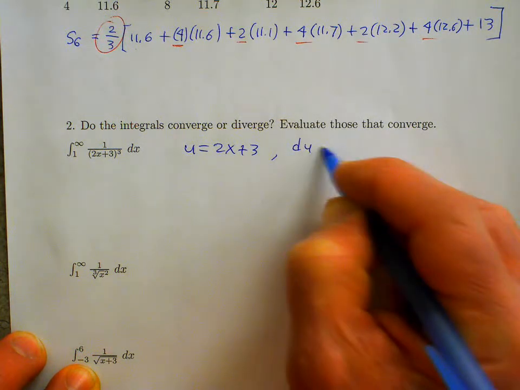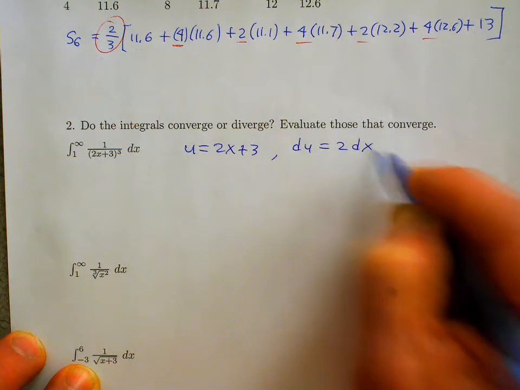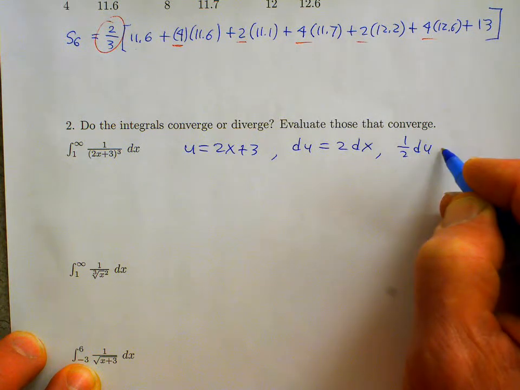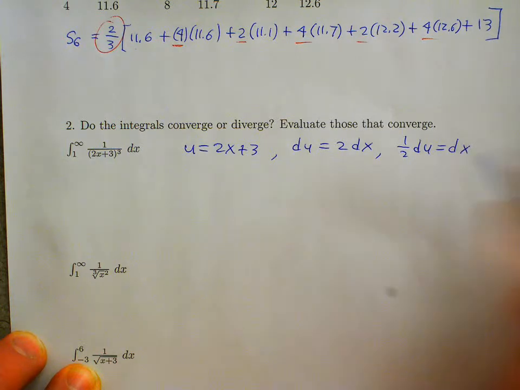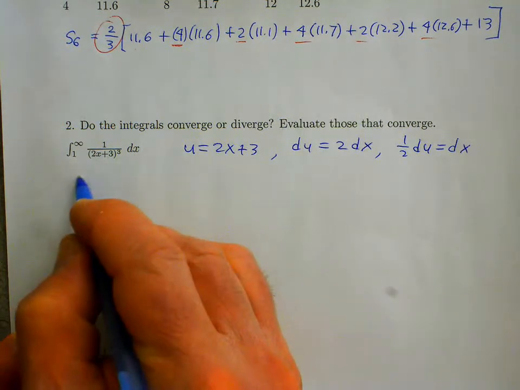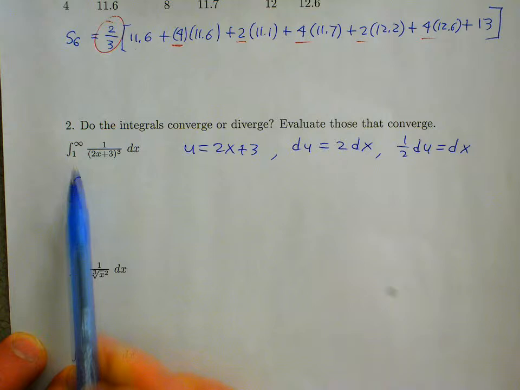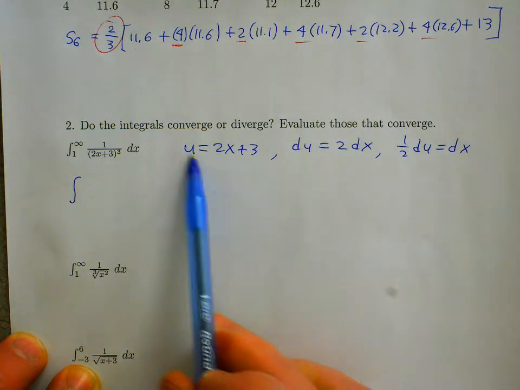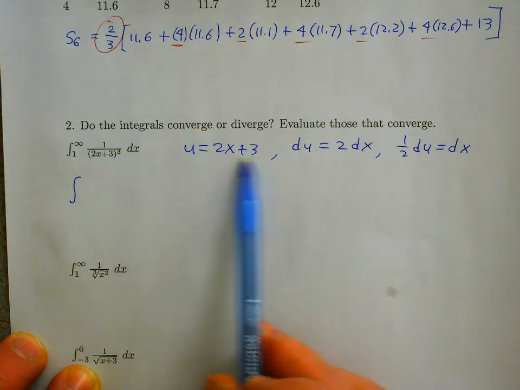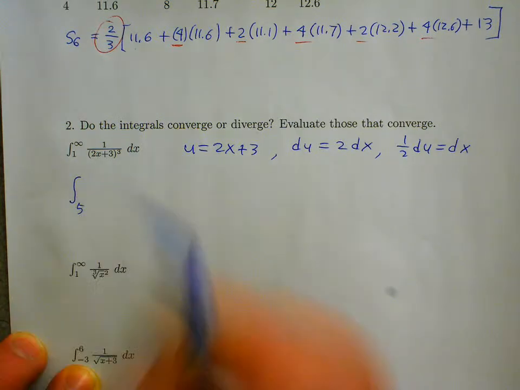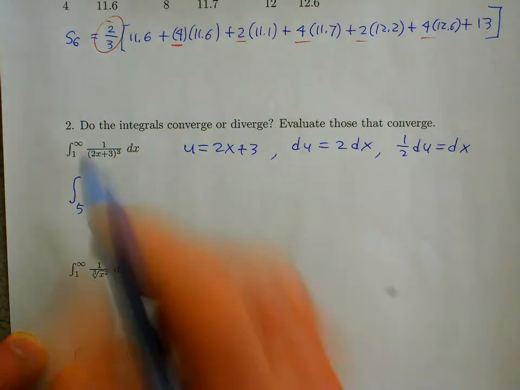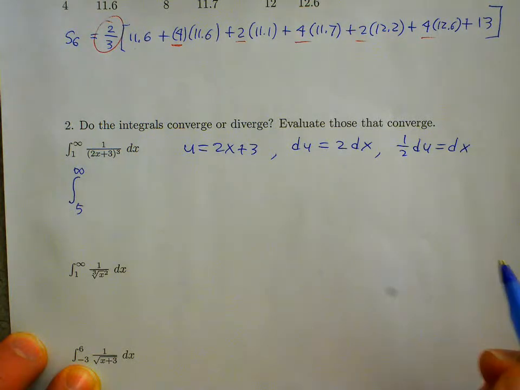So du is 2 dx, which means 1/2 times du is dx. And then you can convert this. Let's see, the lower limit x equals 1, if we convert that to a u value, 2 times 1 plus 3 is 5. If x approaches infinity, then so does u, so the upper limit is still infinity.